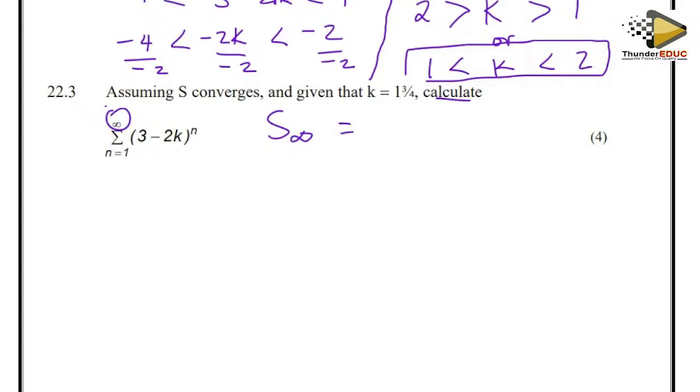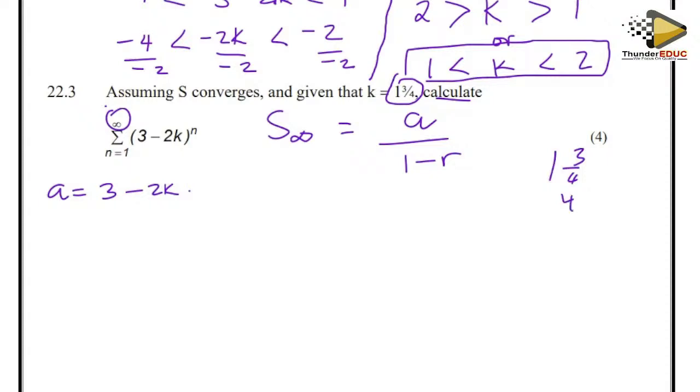So we know that the sum to infinity is given as a over 1 minus r. Remember our a was 3 minus 2k. Then what we need to do is just replace k with 1 3/4. You can change this to an improper fraction, which would be 7/4, because 4 times 1 is 4 plus 3, that's a 7, over the denominator, which is 4.